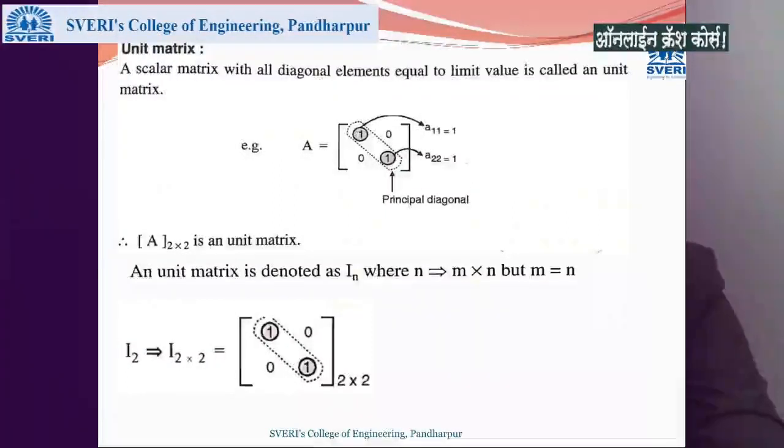If you are taking the 3 by 3 matrix, again it will be 1 0 0, 0 1 0, 0 0 1. Means A11 position it is equal to 1, in place of A22 again it is 1, and in place of A33 that will be 1. So here it is called a unit matrix. It is also a scalar matrix.